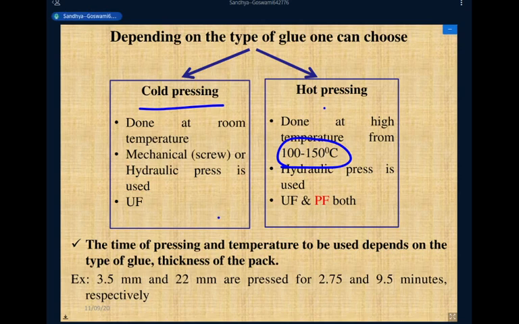Each plywood you keep one over another, and you keep the whole stack between two plates of the press, and then pressure can be created with the help of screws or with the help of a hydraulic press, right?